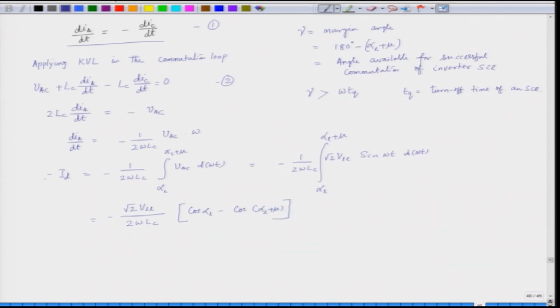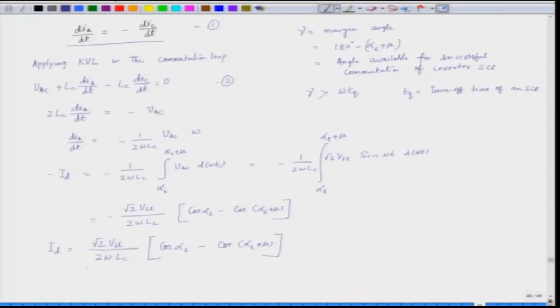I can remove this minus sign from both sides and get this equation for Id. So, Id equals root 2 V line to line by 2 omega L C into cos alpha L minus cos of alpha L plus mu. This is the equation. In fact, this equation gives us the value of mu for a given value of alpha L. If we know the current Id and the V line to line, we can get the value of mu.